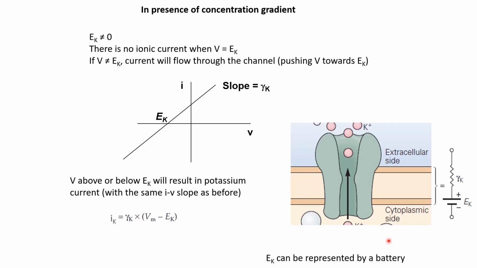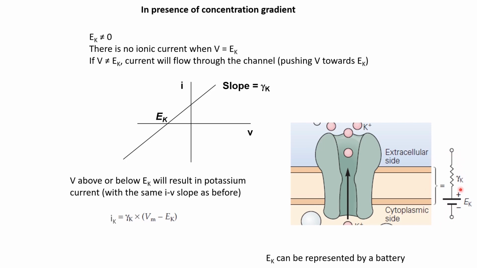And now we can update our electrical representation of this part of the neuronal membrane. The channel is still represented by the conductance or the resistance, so conductance gamma k, and this equilibrium potential can be thought of as a battery. This battery for potassium ions is put in such a way that it is making the inside more negative compared to the outside.